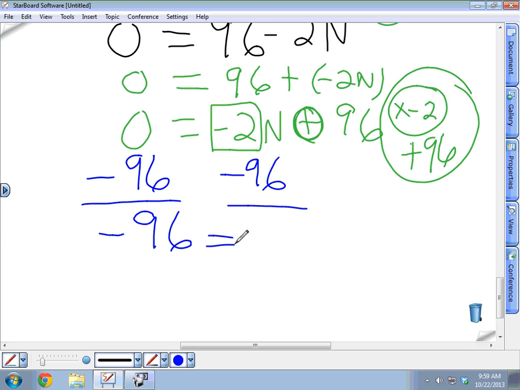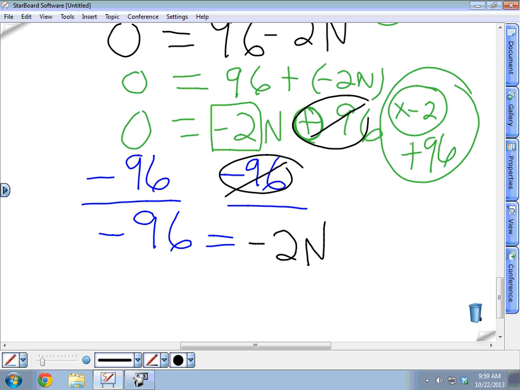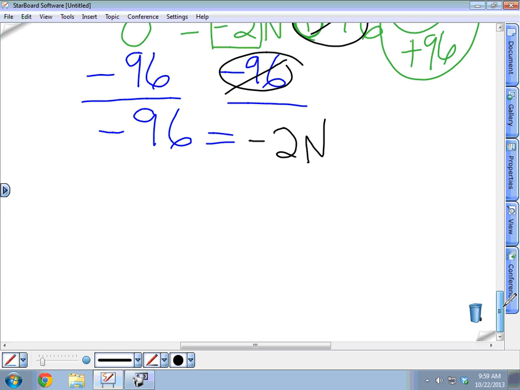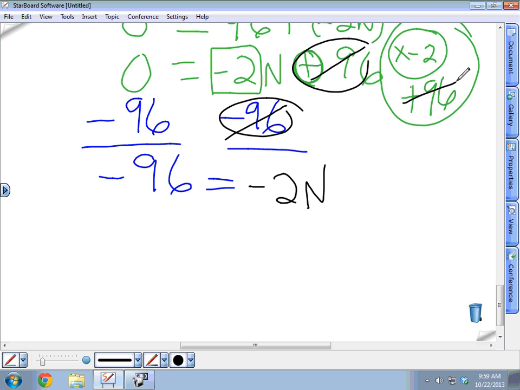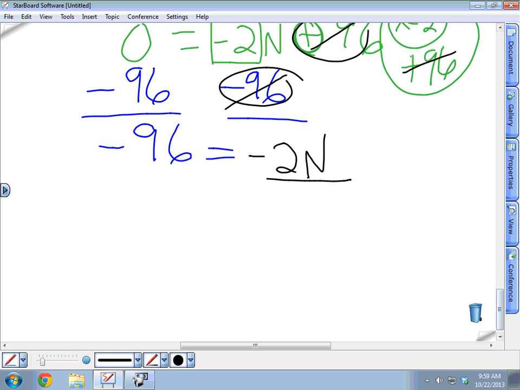Equals what? Negative 2n minus 96, those cancel out. What are you left with? Negative 2n. And this is what some of you are doing. You're forgetting your negative signs. All right. Then what's the opposite? What's your inverse operation of multiplication by negative 2? Dividing by negative 2.